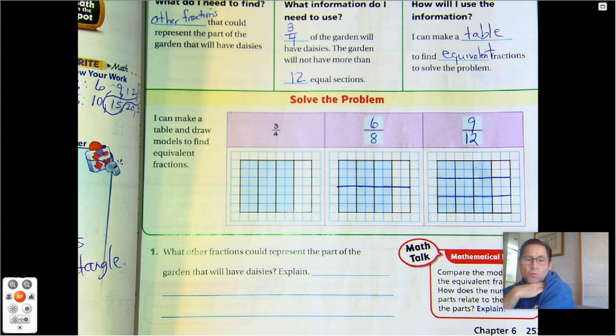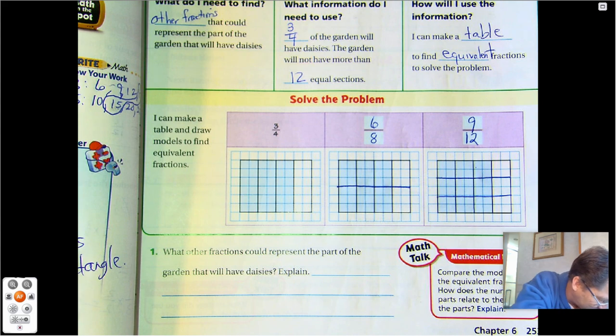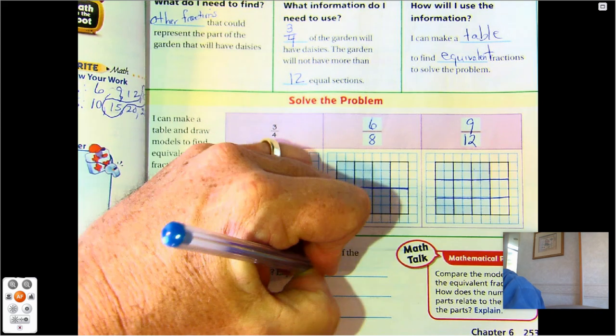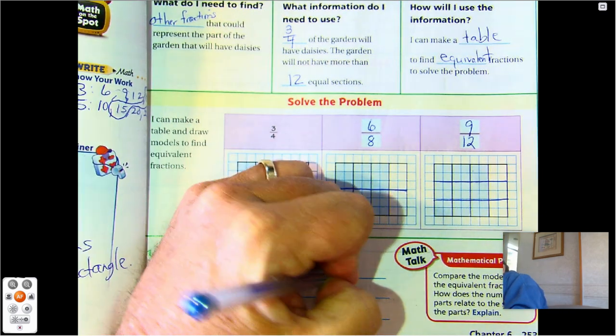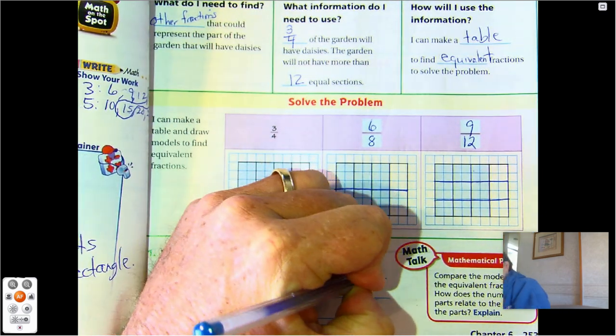So what other fractions could represent the part of the garden that will have daisies? And explain. Well, we could say 6/8, right? Because 6/8 is equivalent. And we can also say 9/12.